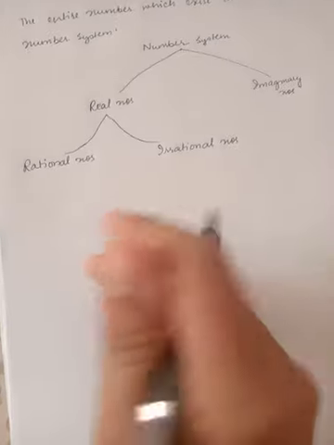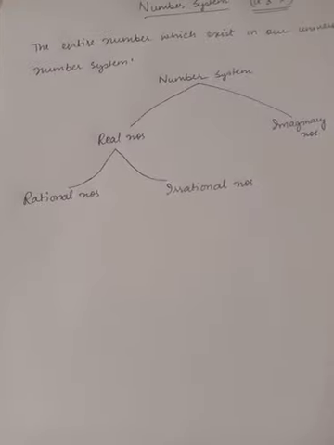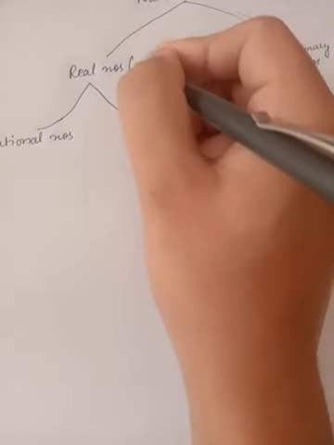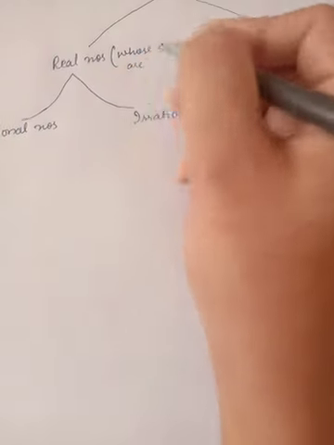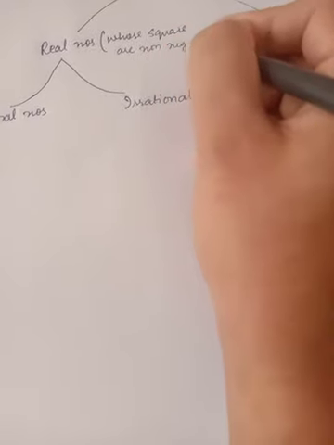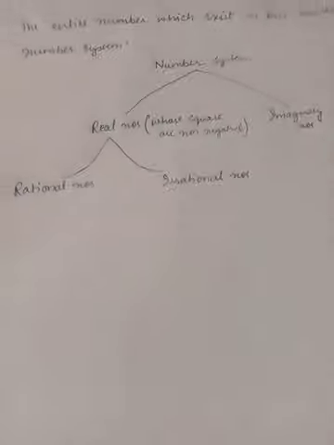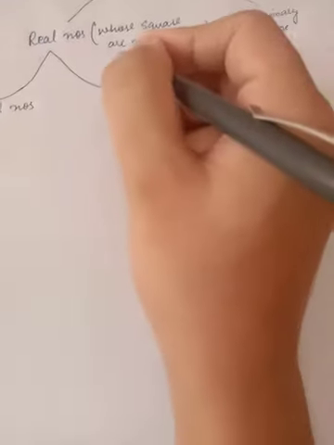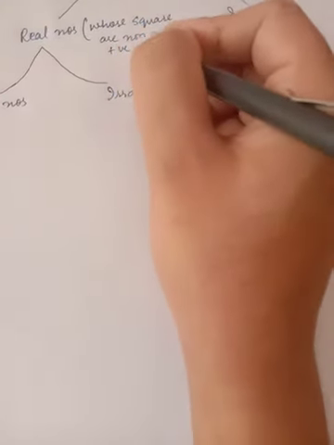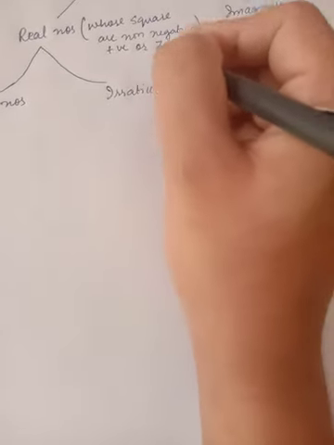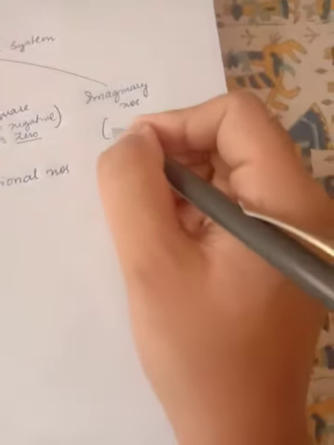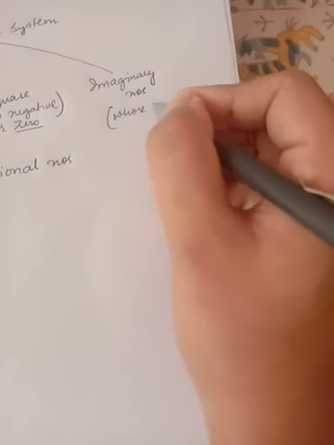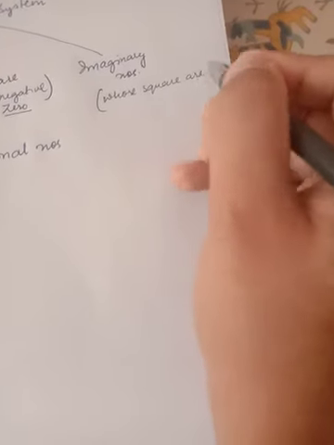So basically, what are real numbers and imaginary numbers? Real numbers are those whose squares are non-negative. It means the square may be positive or 0. And imaginary numbers are those whose squares are negative.